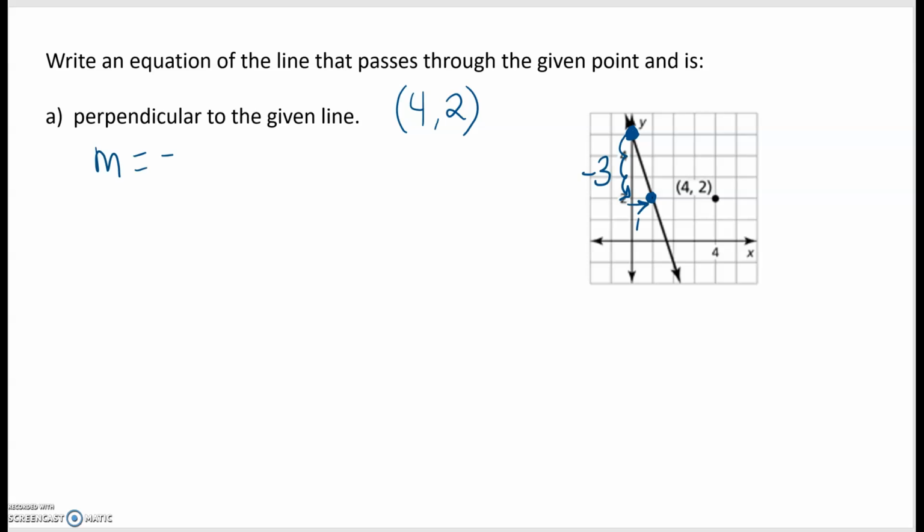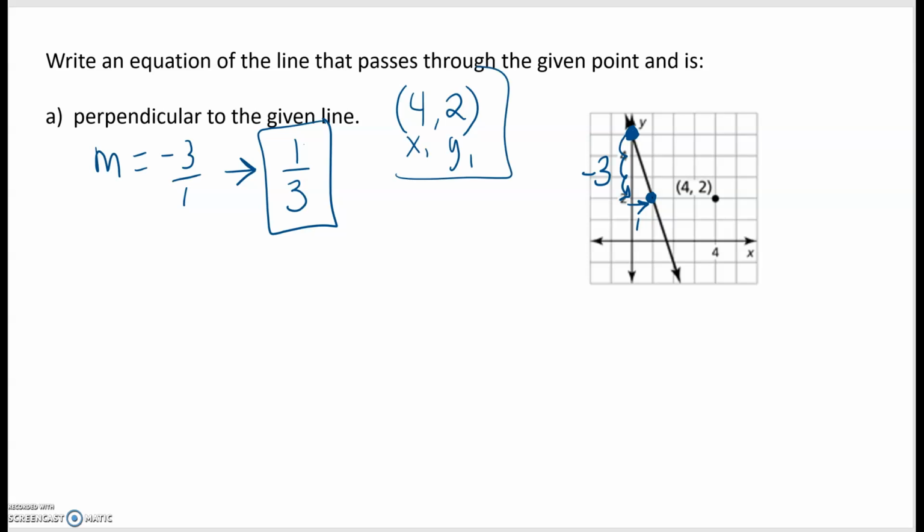So my original slope is -3/1. So yesterday we kept that because we wanted parallel. Today we want perpendicular. So I'm going to flip my fraction and change my sign. If I flip my fraction, I now have 1/3. And my original was negative, so this should be a positive 1/3.